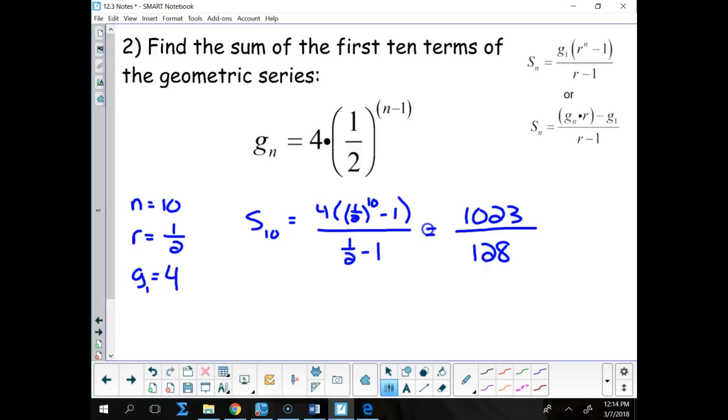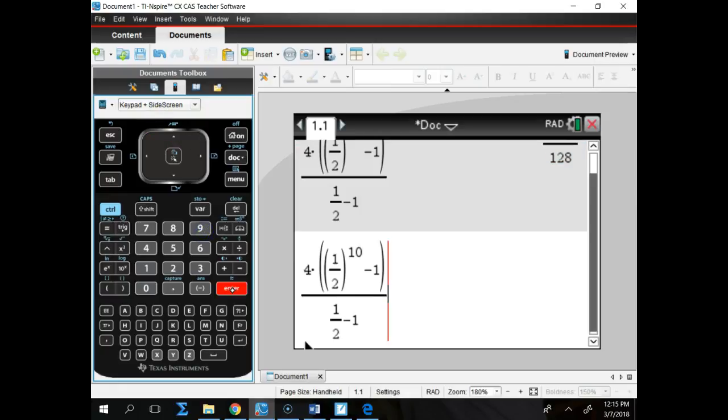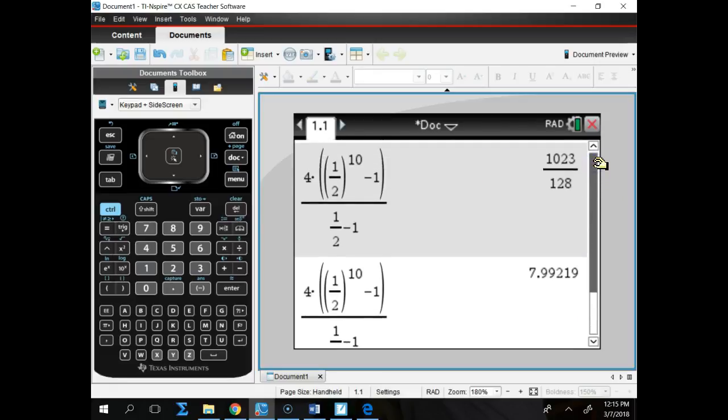More than likely, on a regular old calculator, you got 7.99219 something. But if you convert that into fractions, because we like fractions, then you get 1023 over 128.